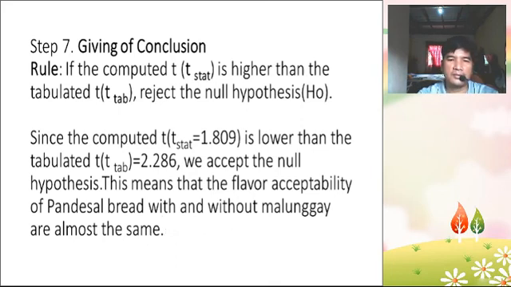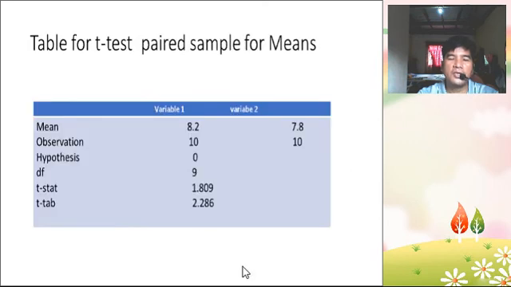Okay, next, you can have your table. You can make one similar to this. You are going to place this in your chapter for the presentation of results and discussion. So you need to make a table similar to this one. You have variable one for without malunggay and with malunggay leaves extract.